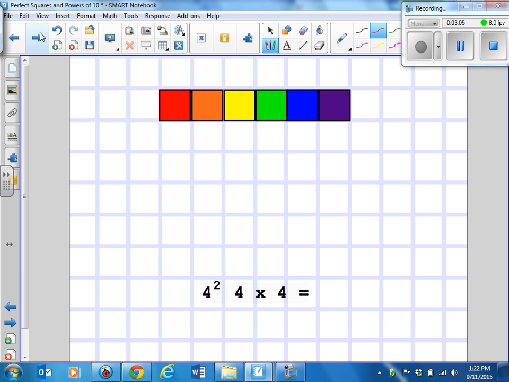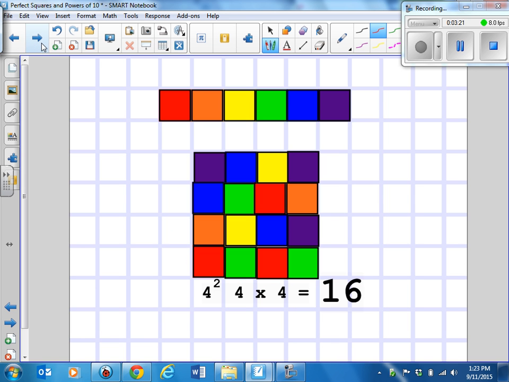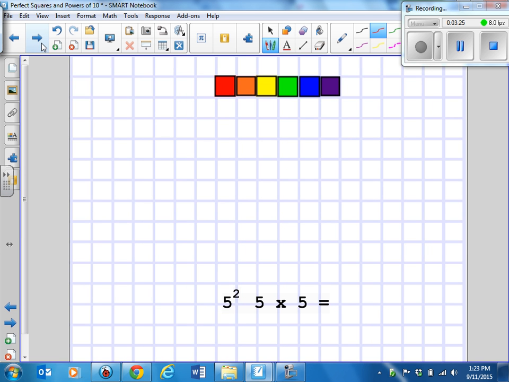Here we have 4 squared, so I'm going to draw a box of 4 by 4, and that would be 4 times 4 equals the 16 squares that we have here. So there's our 16 squares. Then we can make a 5 by 5. So a 5 by 5 square has 25 squares.